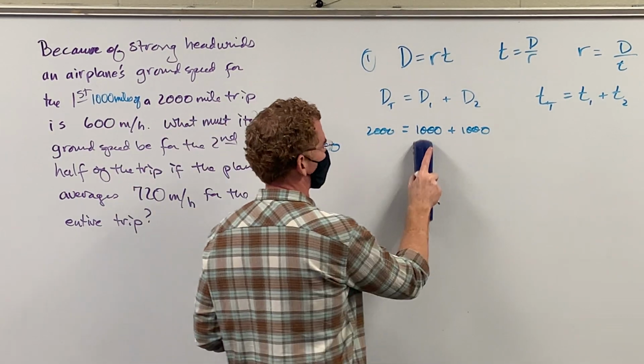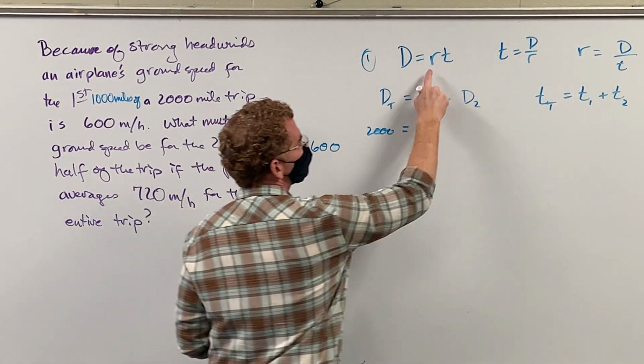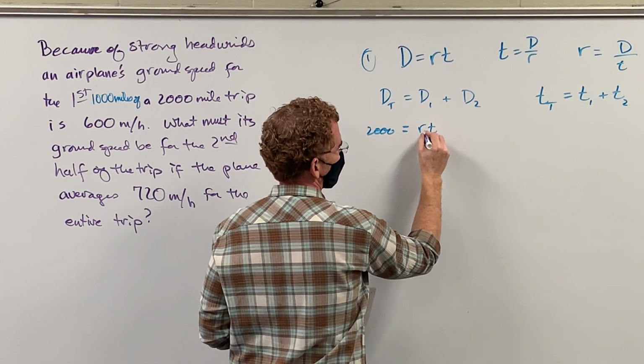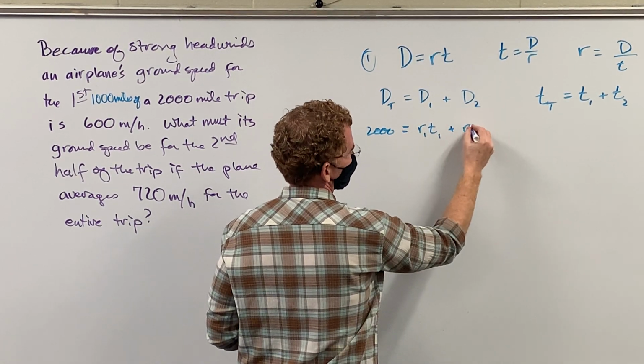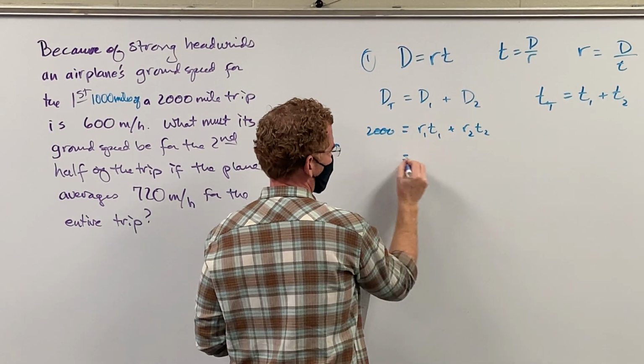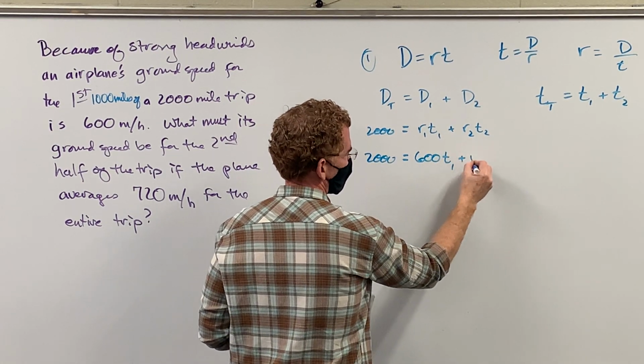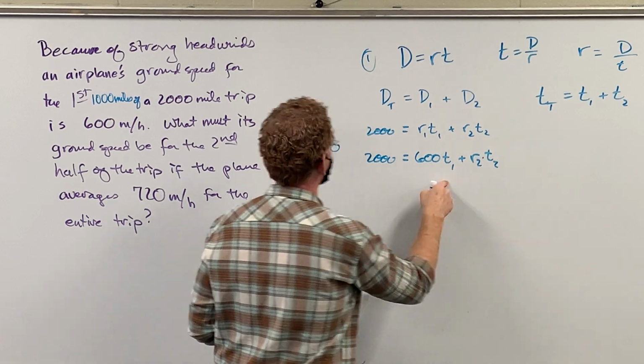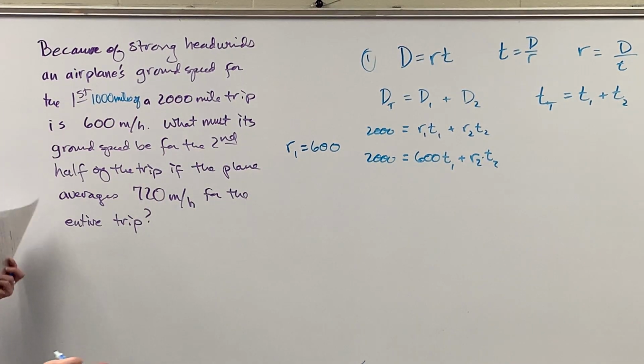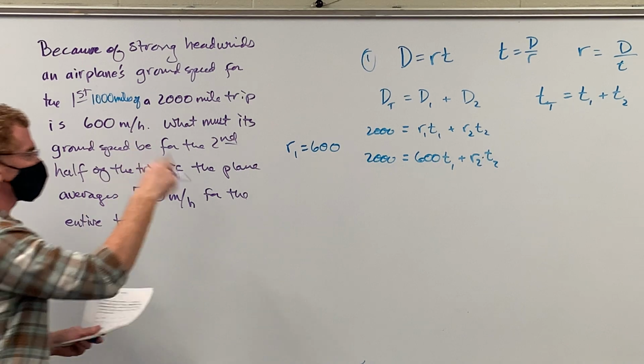So maybe it might be better to go, hey, D1 is RT. And D2 is RT. But the problem with that is, I'm kind of stuck at this point. Are you following me? Because I don't know either of the times, and I don't know the second rate. And I certainly don't know the average rate. So kind of stuck. All right, well, let's say that doesn't work for me then.